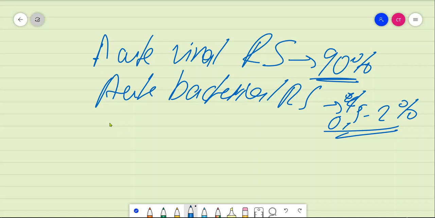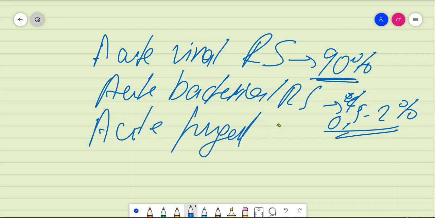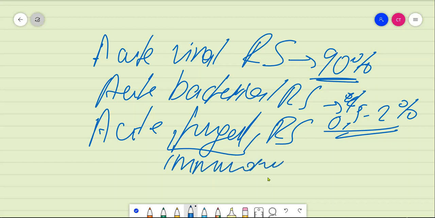And there is the acute fungal rhinosinusitis, and this occurs really rarely, and most commonly occurs in immunosuppressed patients, like people with malignancy or people using immunosuppressant medications, like transplant patients.